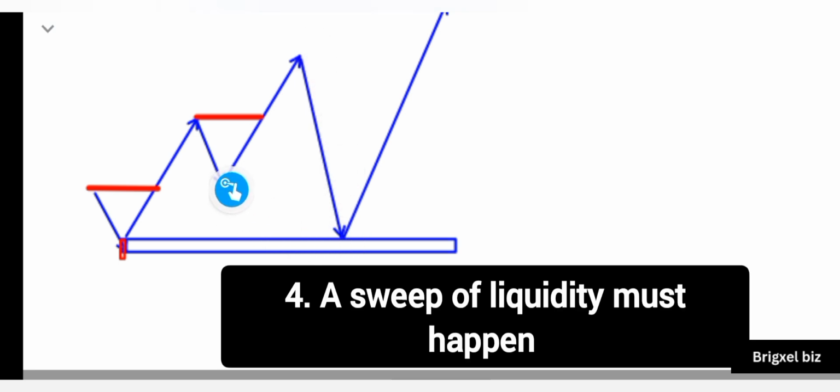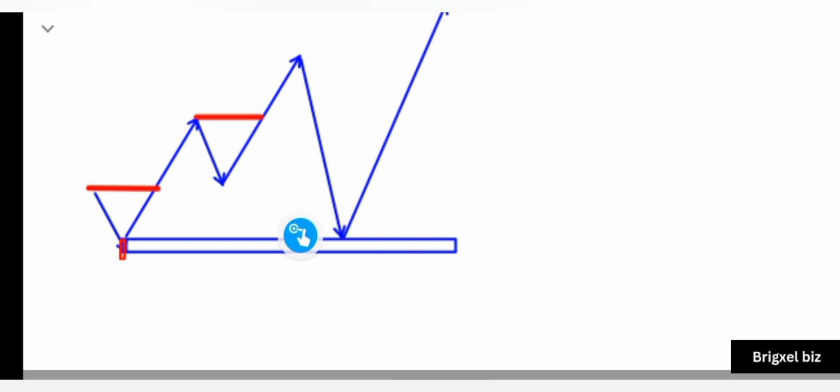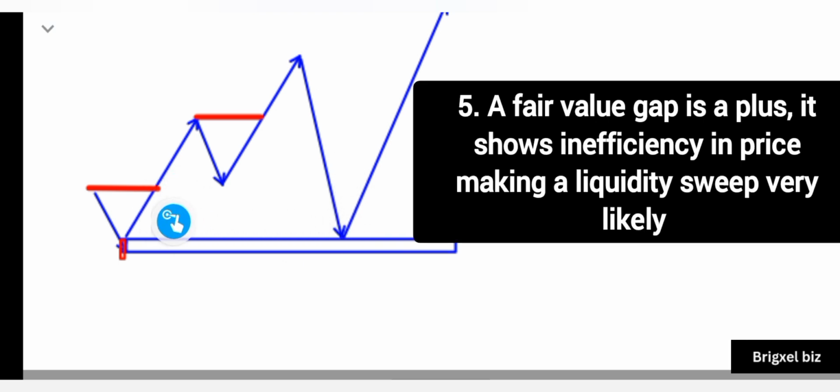So this low here has to be swept. The liquidity sitting below this level has to be swept. And I also like to see a fair value gap here. It would make it a plus for me. Remember, I explained what a fair value gap is. So if it is present here, that's a plus for me, but it is not compulsory. But if it's here, that makes it an A plus setup for me.